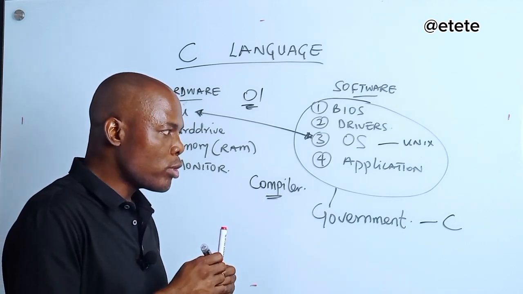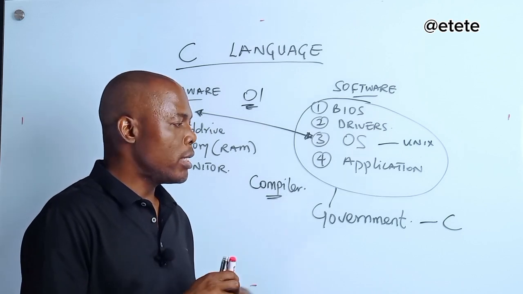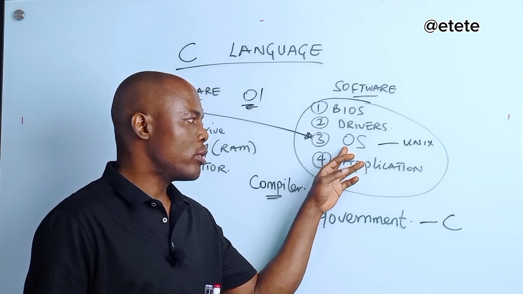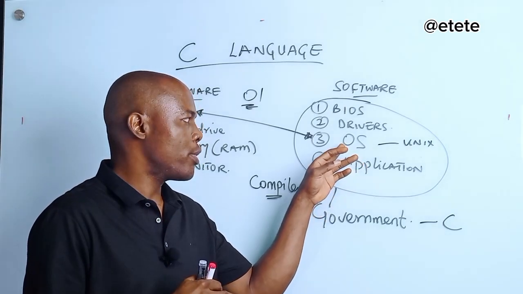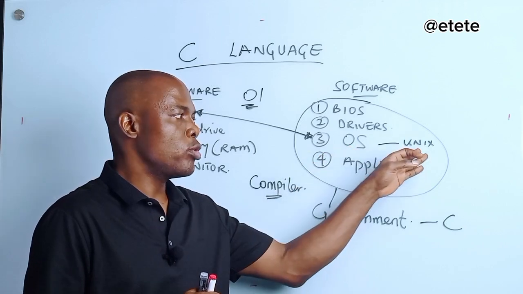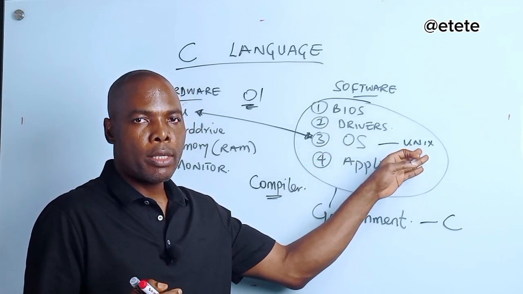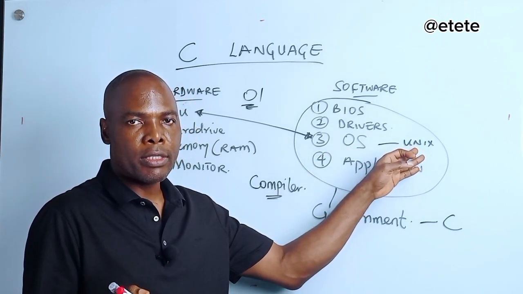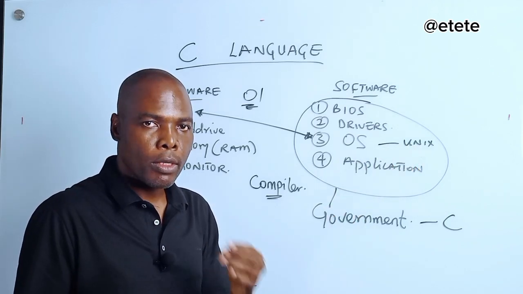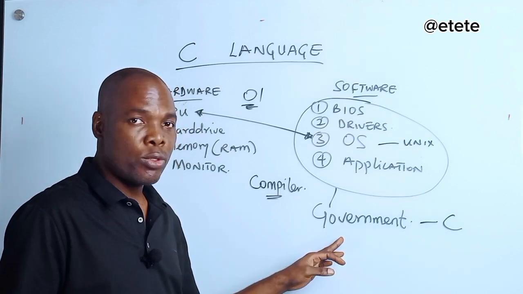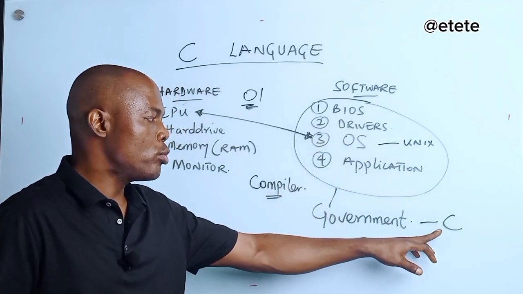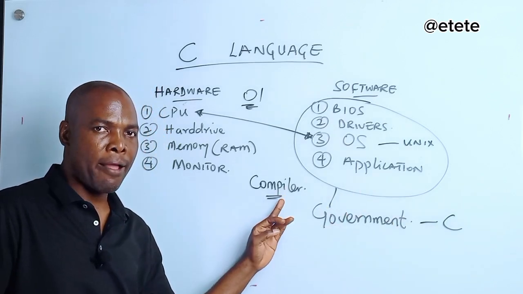So the language we want to learn now, which is the C language, is the language that the government is using, a language spoken in this operating system. Examples of an operating system are Unix or Windows, like Windows 10 or Windows 11, or the OS on your phone. We are looking at the language we are going to use to write this, and that is C. I've told you that C has a compiler.